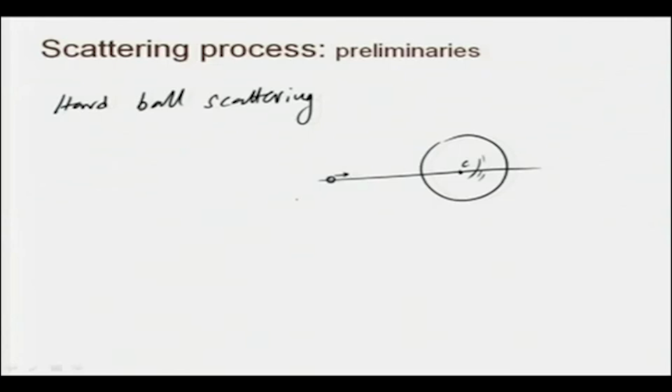This is simple classical scattering. It will meet the hard ball, and the normal is perpendicular to the tangent at that point, and the normal at the point where the bead meets the hard sphere is along the momentum of the bead, and therefore, it will actually turn around.